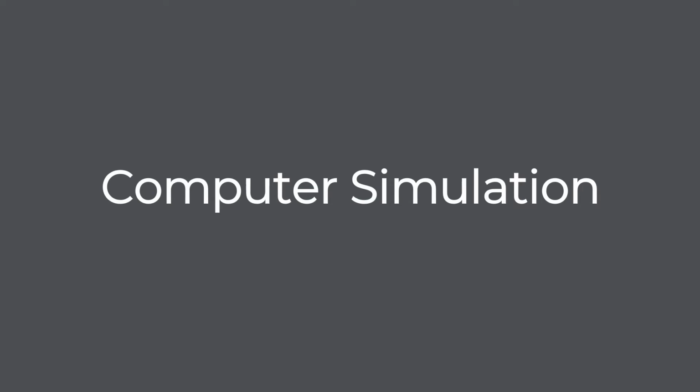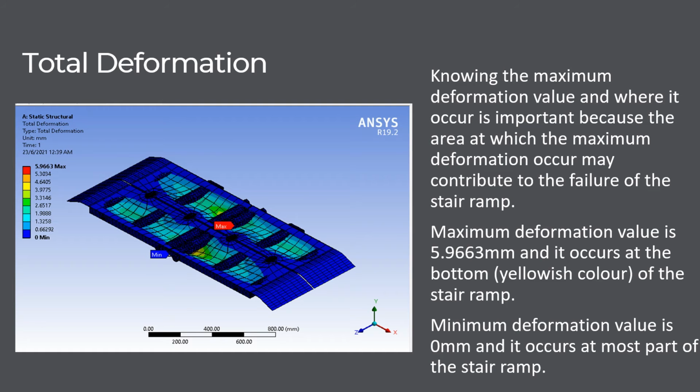For the computer simulation, we determined the equivalent stress in megapascal, total deformation in millimeter, and factor of safety of our STAIR ramp. We use ANSYS to analyze the total deformation, safety factor, and equivalent stress. By using ANSYS, we can also modify our STAIR ramp based on the results obtained.